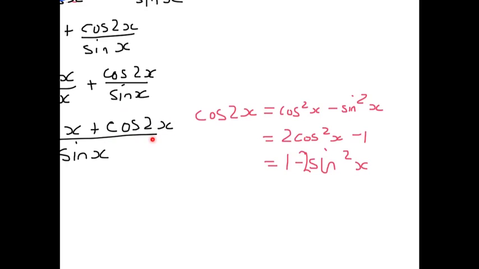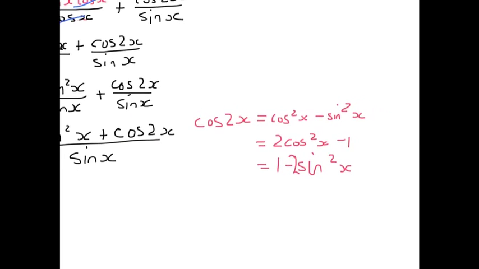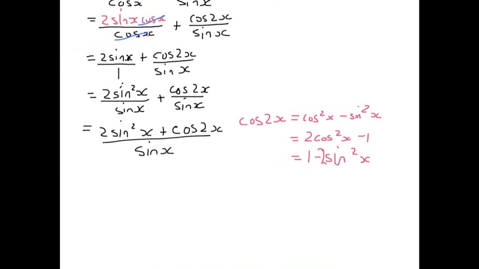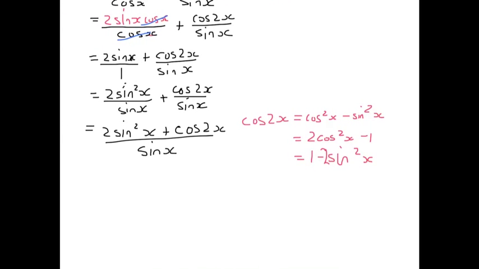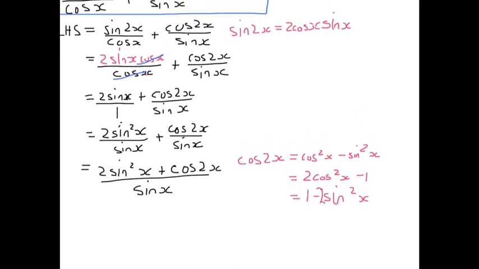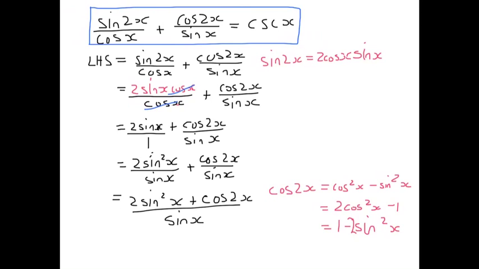And of course, you're probably wondering, which one do I use? Well, you could try all of them, and maybe more than one of them would work. But let's just look at what we have here. I want to replace this, and I want to do that in such a way that it hopefully deals with this upper term. You'll notice that in our original question, I've got cosecant x over here on the right side.